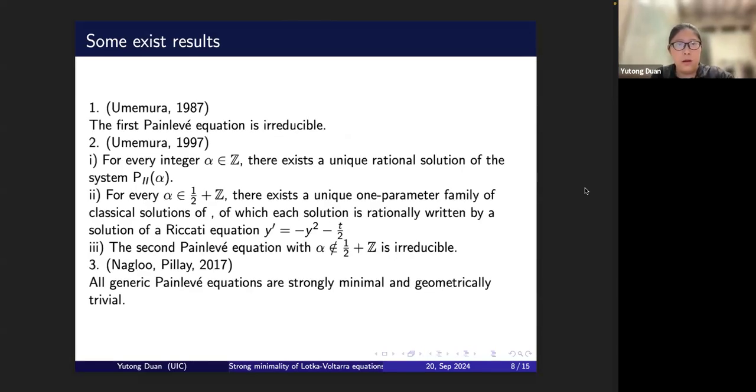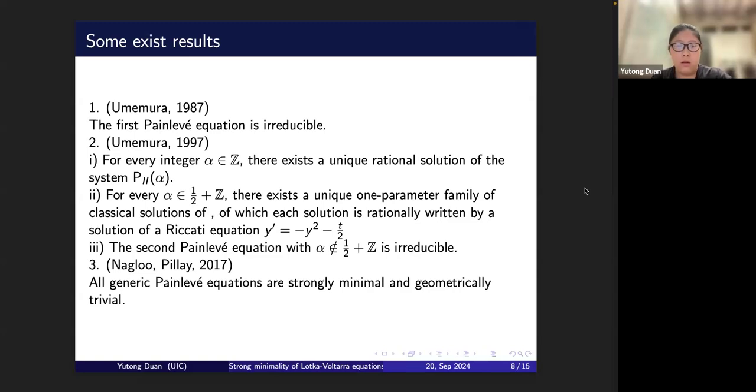From the subpoint 2 of point 2, you can see there is a subvariety of the second Painlevé equation, and that's why we don't have strong minimality in the DCF theory: you can find an infinite solution set in the Painlevé 2 equation when alpha is in 1/2 plus Z. Then in 2017, Nagloo and Pillay proved that all generic Painlevé equations are strongly minimal and geometrically trivial.